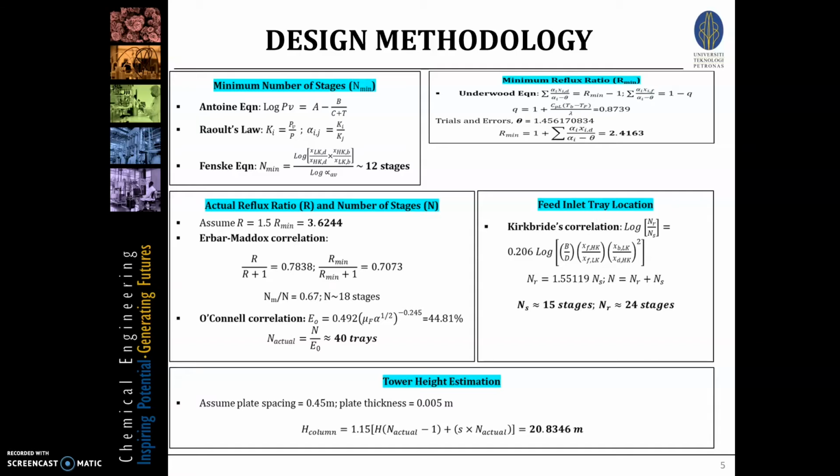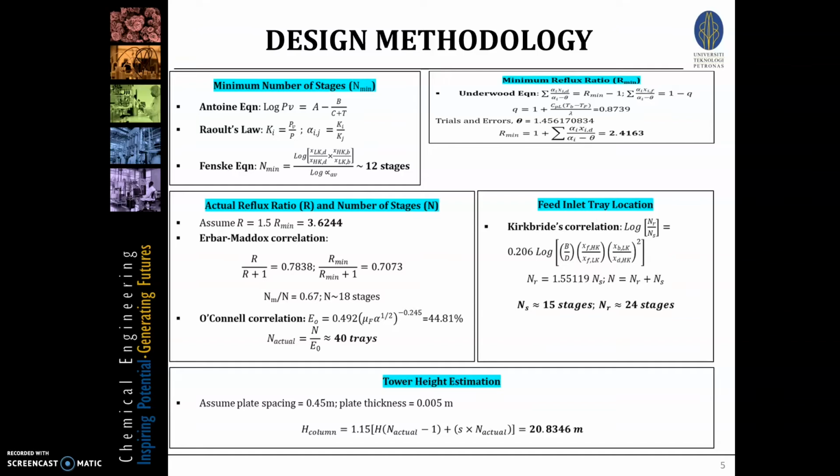To achieve that, I will have to calculate the minimum number of stages and also the minimum reflux ratio. The minimum number of stages is calculated using the Antoine equation, Raoult's law, and the Fenske equation, and I got a minimum of 12 stages. On the other hand, the minimum reflux ratio is determined using the Underwood equation, and I got 2.4163, with the assumption that the actual reflux ratio is 1.5 times the minimum reflux ratio.